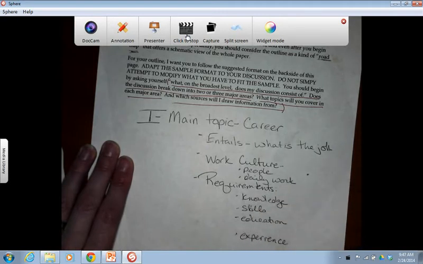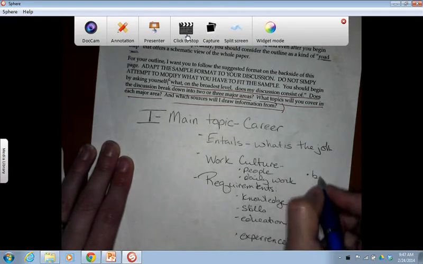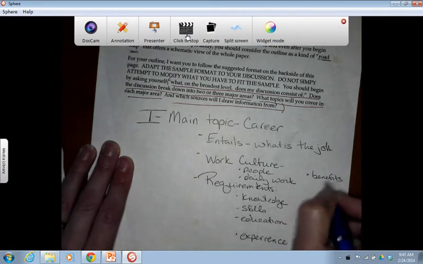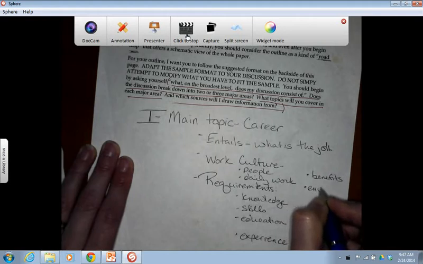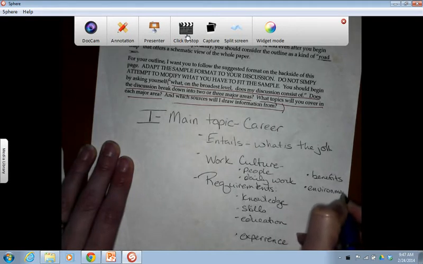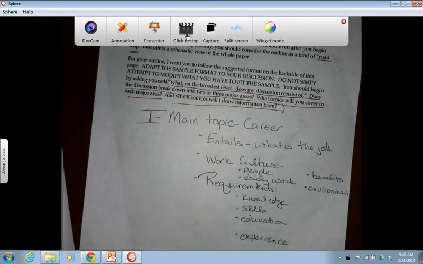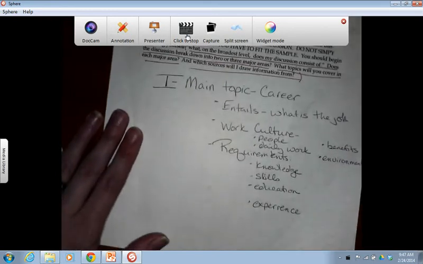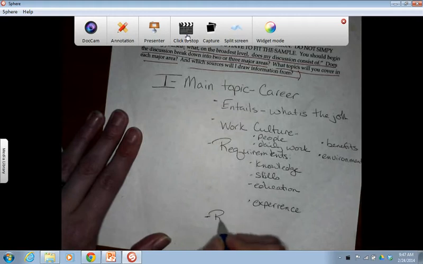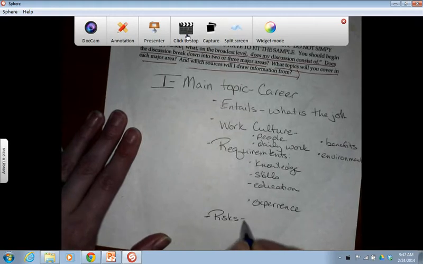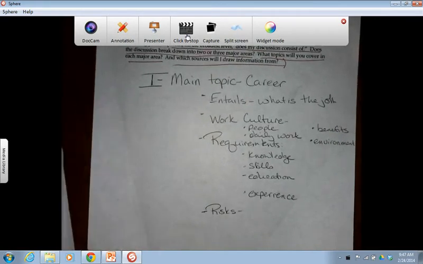Benefits, I guess. Okay. I'm going to also add environment. Okay. What else could be involved? Yes. Job risk. Ooh. Good. Risks of the job. Okay. What else could be main topics within this?